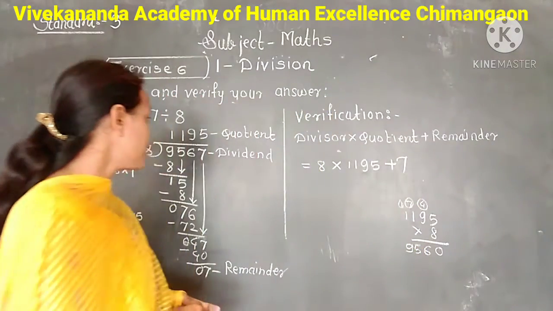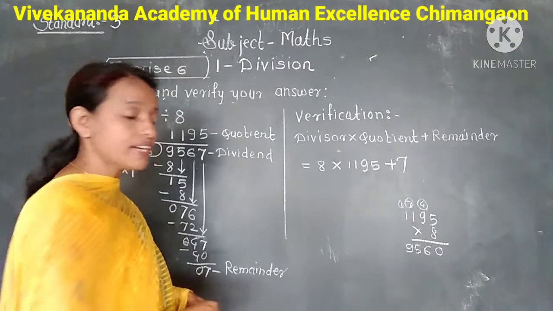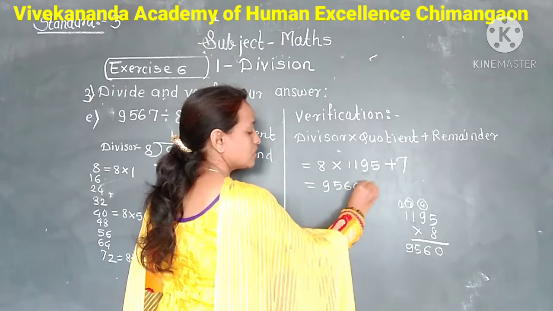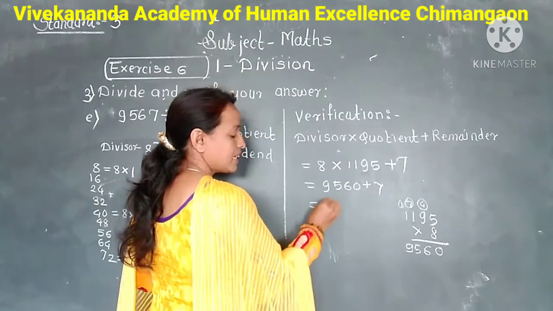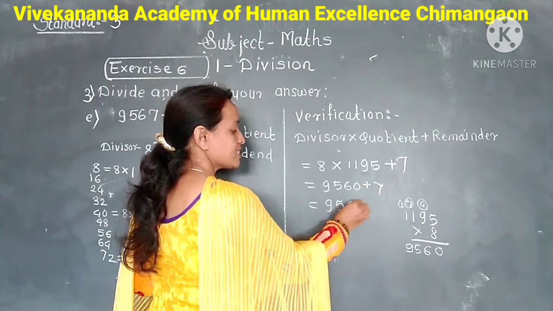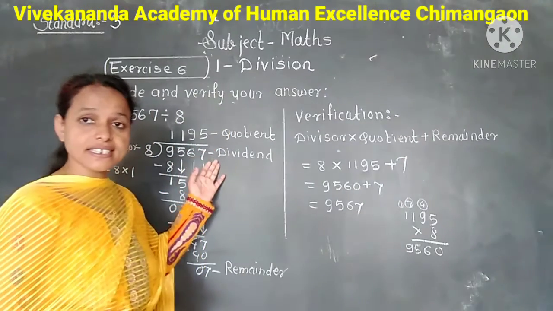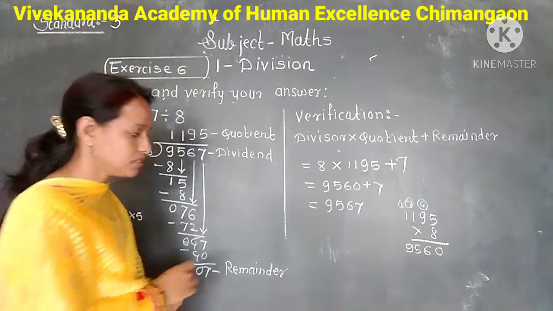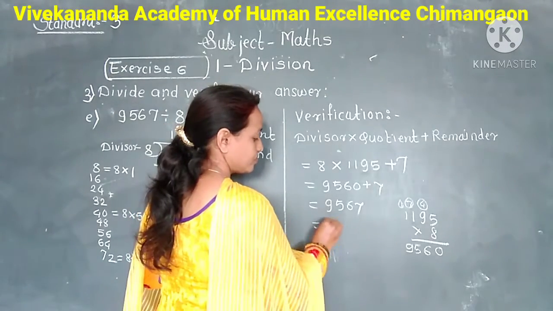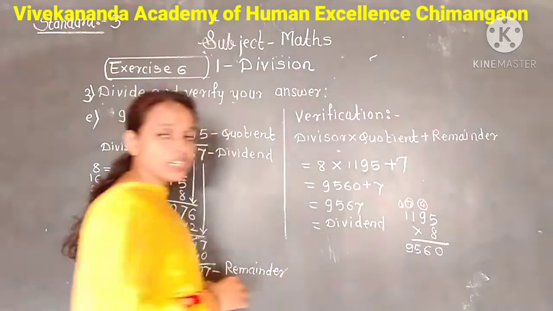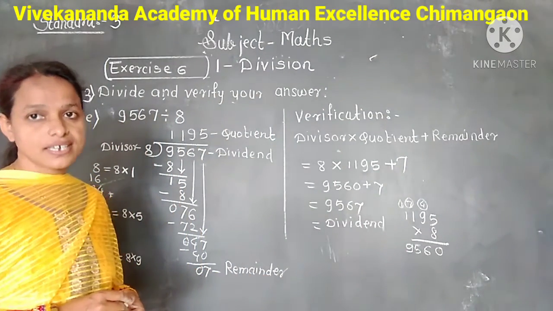So here we get product 9560 plus 7, we get sum 9567. So look here student, 9567 is the dividend. So student, here we verify our answer.